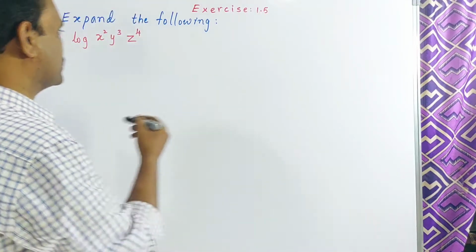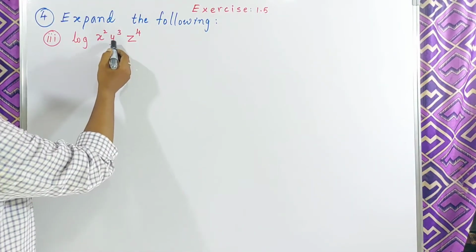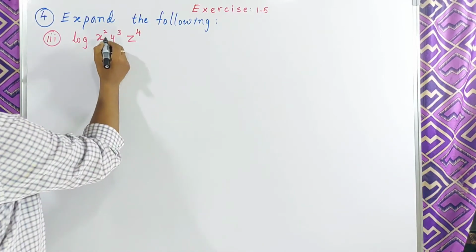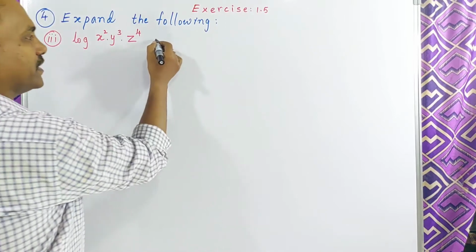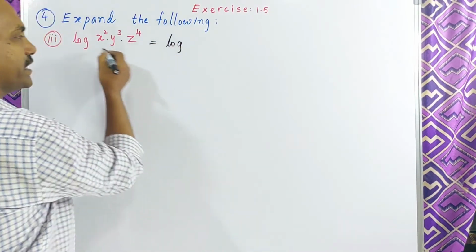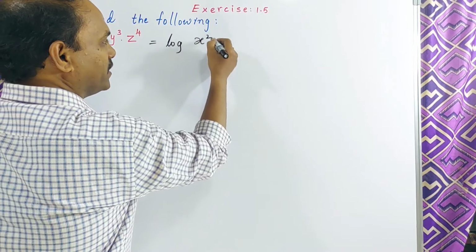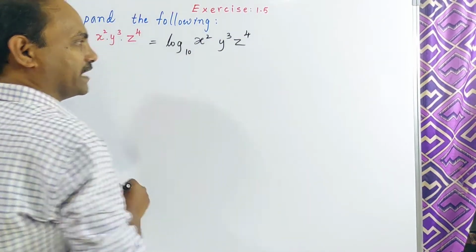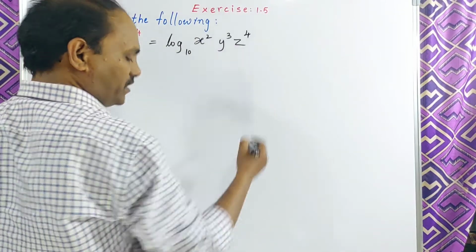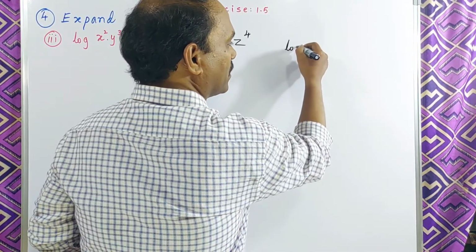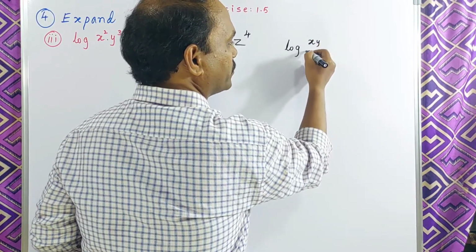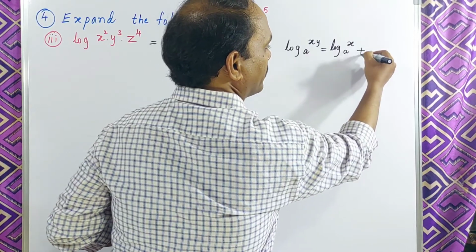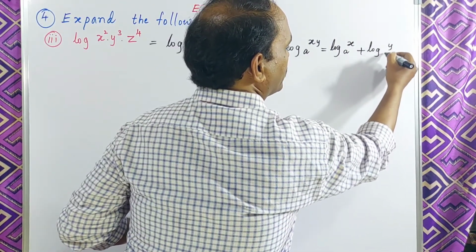Now the third question: log x square into y cube into z power 4. Here all terms are multiplied, so we can write this one as log, taking base 10, x square y cube z power 4 to the base 10. All are having multiplication, so use the formula log x into y to the base a is equal to log x to the base a plus log y to the base a.